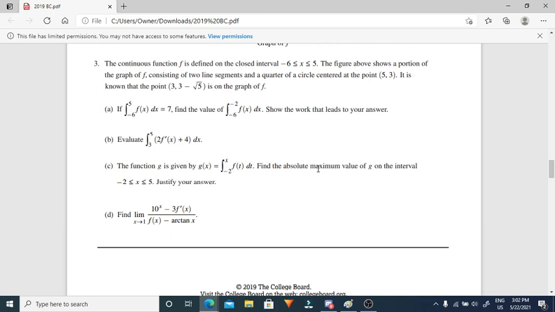Okay, so to find the maximum, I talked about it earlier, we're going to be taking the derivative of g and setting it equal to 0. Luckily, when we take this derivative, it's just going to cancel out that integral, which means that it's just going to end up being f of x. And we're going to find f of x when that equals 0. That is a possible maximum.